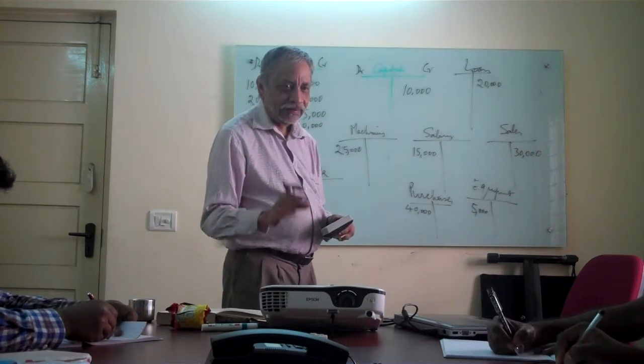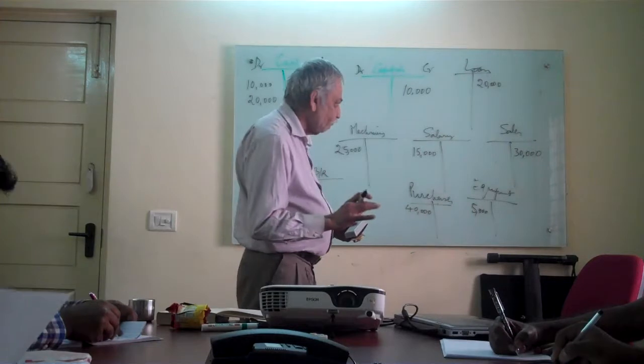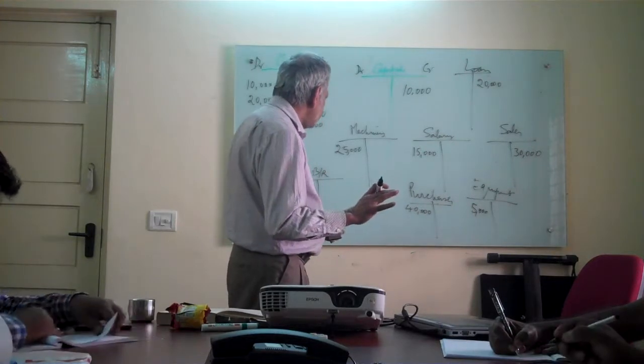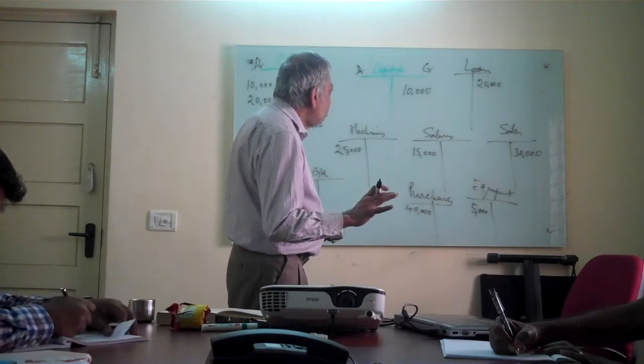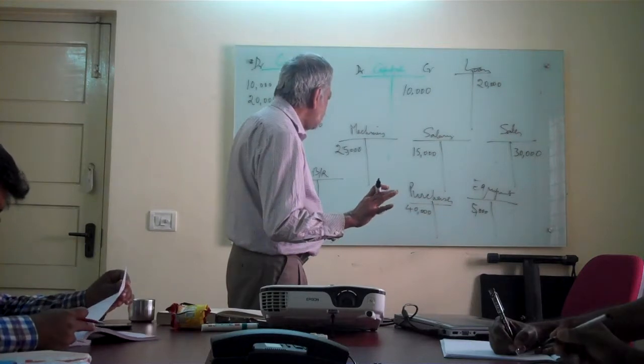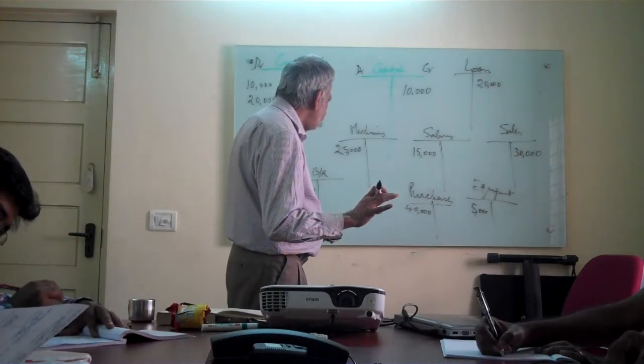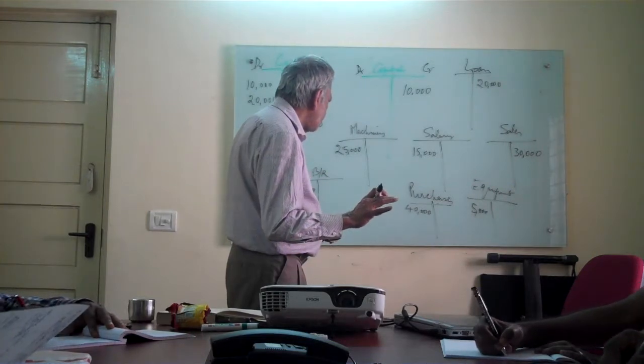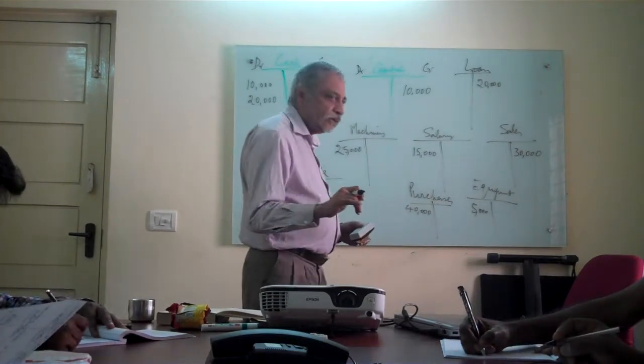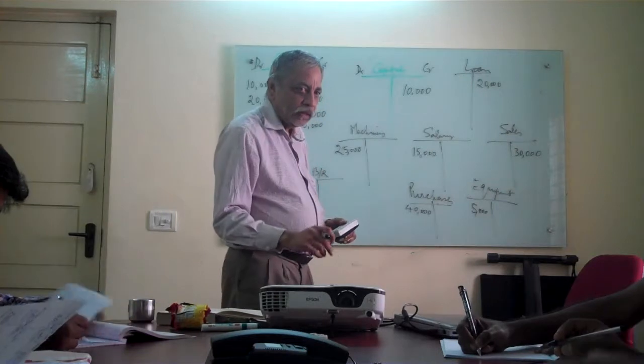Cash, and bills receivable credit, right side, 10,000. Another one.